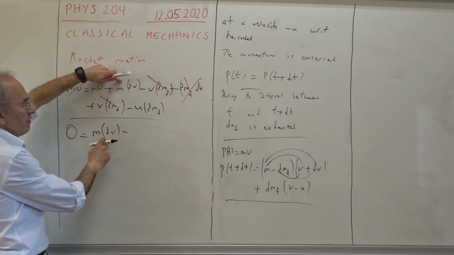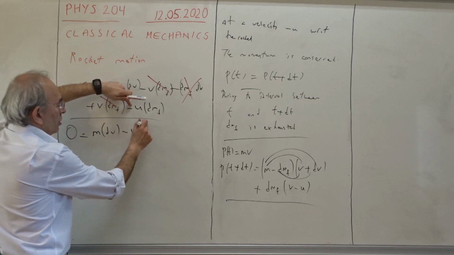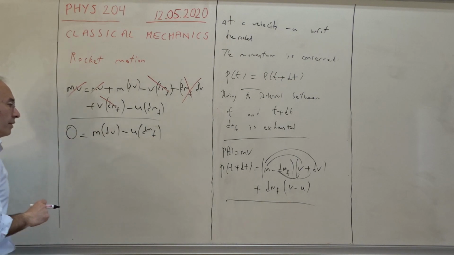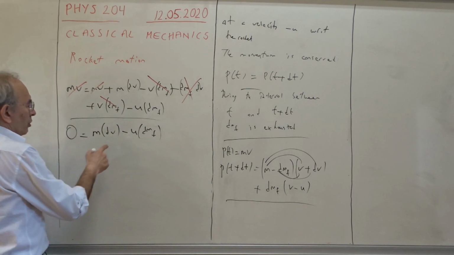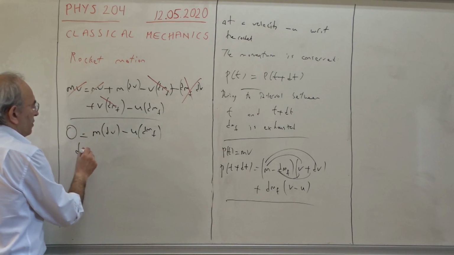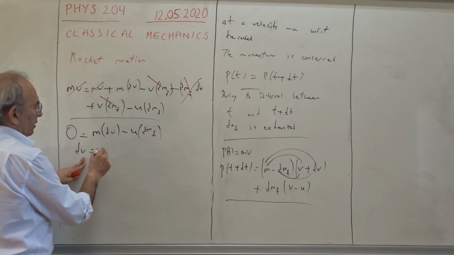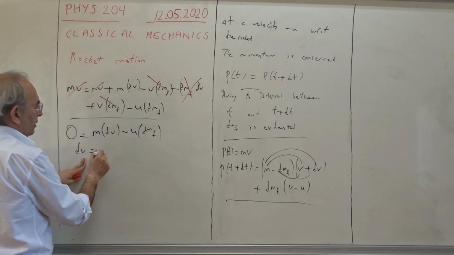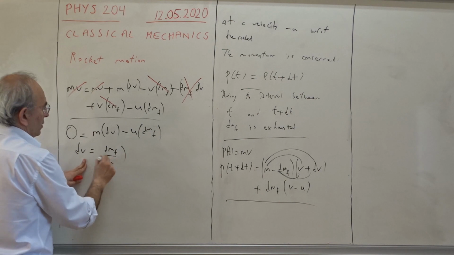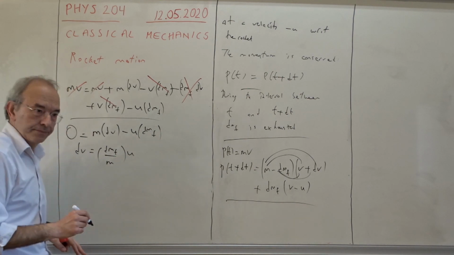Remaining terms are m dv and minus u dmf. So dv, for instance, is equal to, let's take it to the other side, dmf over m multiplied by u.